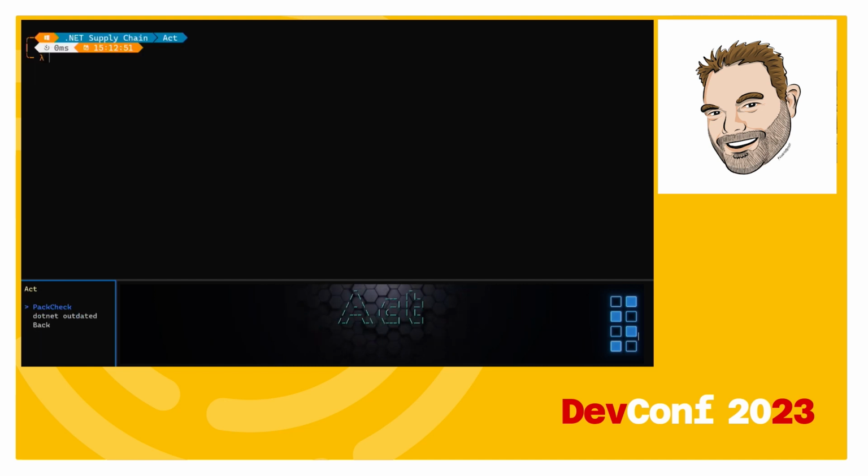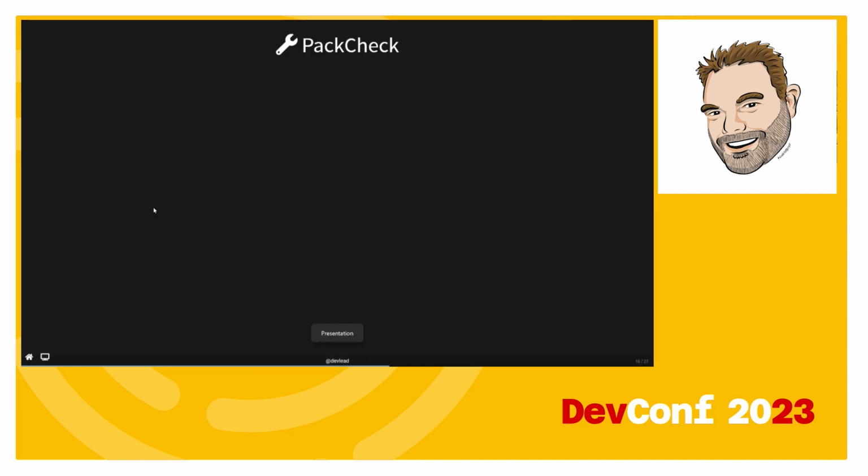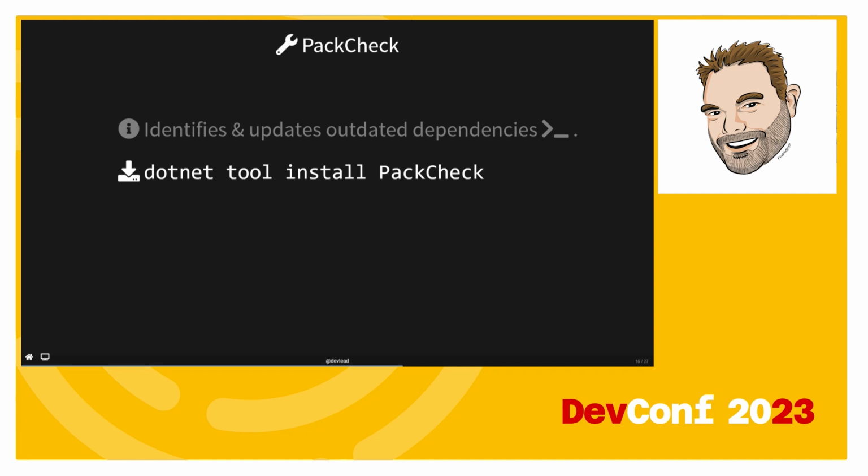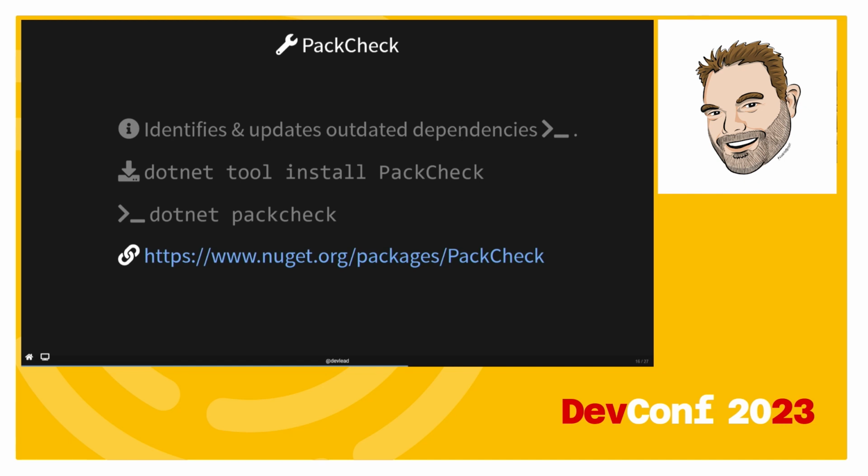So that's how you can act on it. So we had PackCheck, which identifies and updates outdated assemblies. Just do a .NET Tool install PackCheck, really simple from command line, and you launch it with .NET PackCheck. And it's available on NuGet, open source and free.